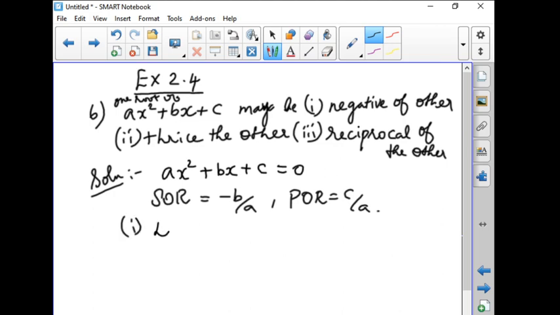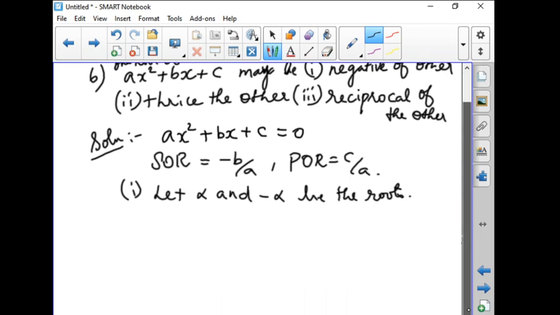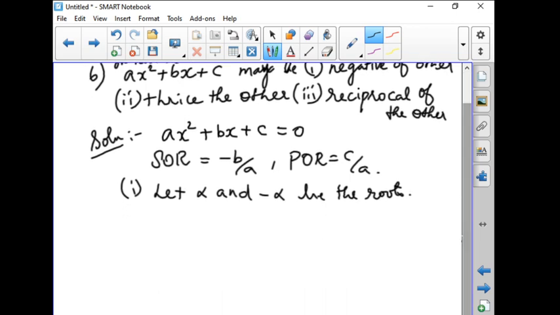Now let alpha and minus alpha be the roots, because one root is the negative of the other. So let us consider alpha as one root, then the other root will be the negative of this root, that is minus alpha. So what will be the sum of the roots now?